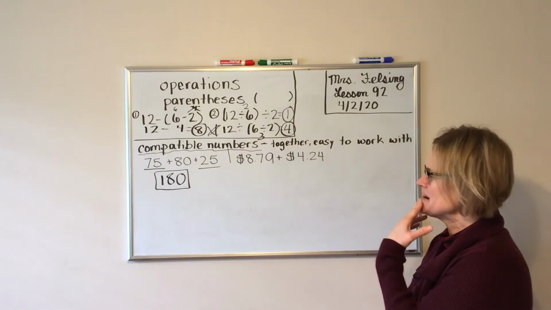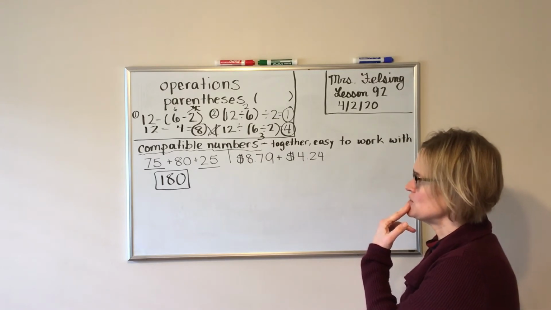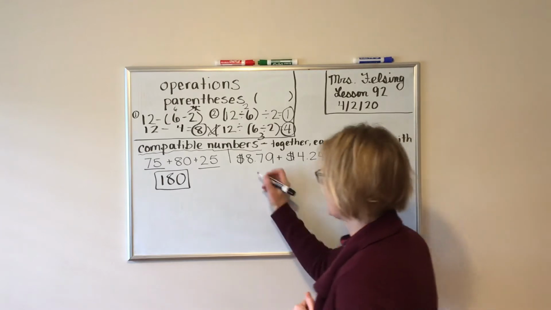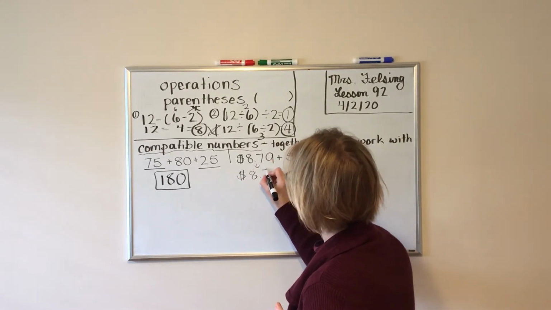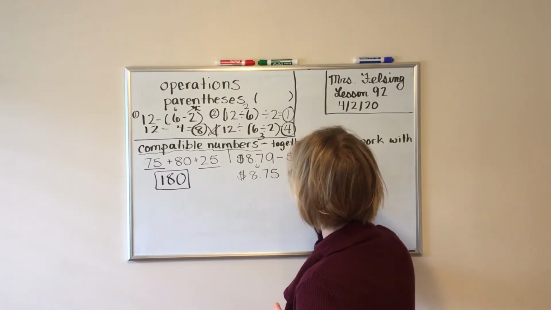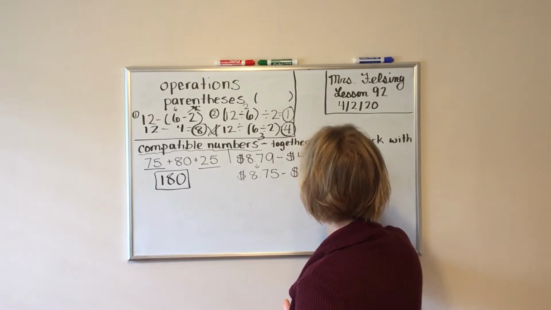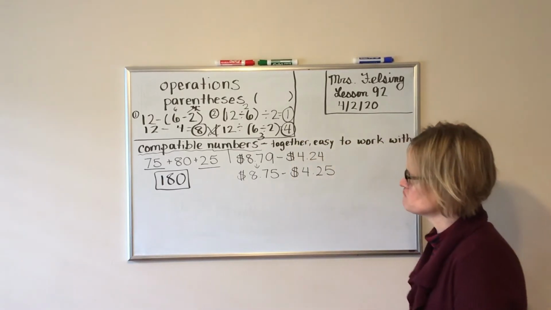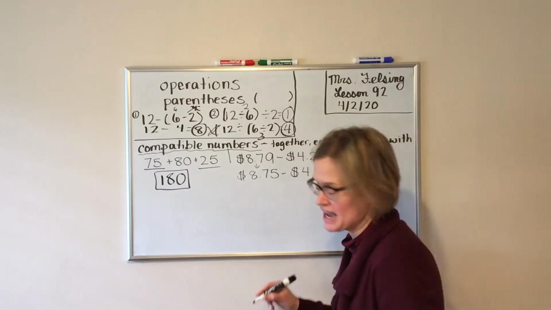So if I'm thinking money-wise, maybe I could change this to $8.75. And I'm not adding, I'm subtracting. And then I could change this to $4.25. Because that's pretty close. And if I'm dealing with money, I could do that.